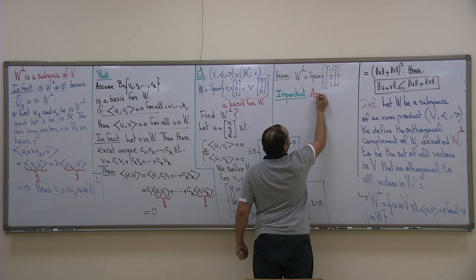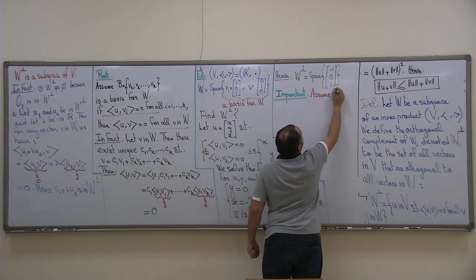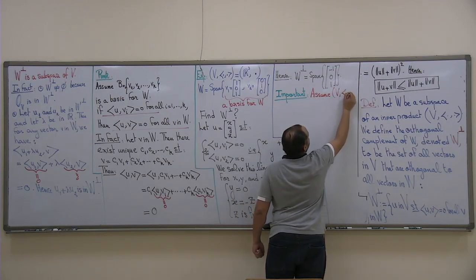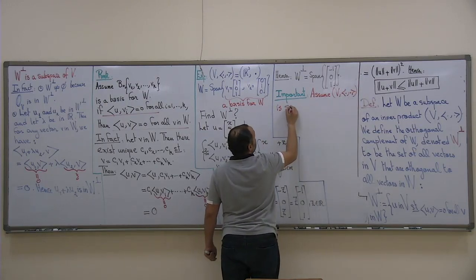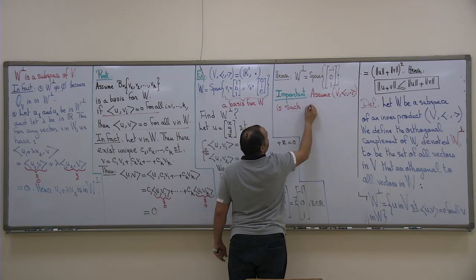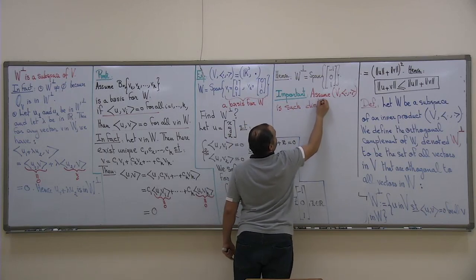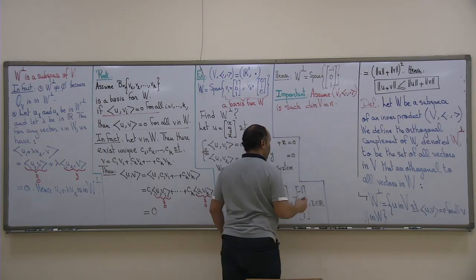Assume V is an inner product space such that the dimension of V is equal to, let's say, n.